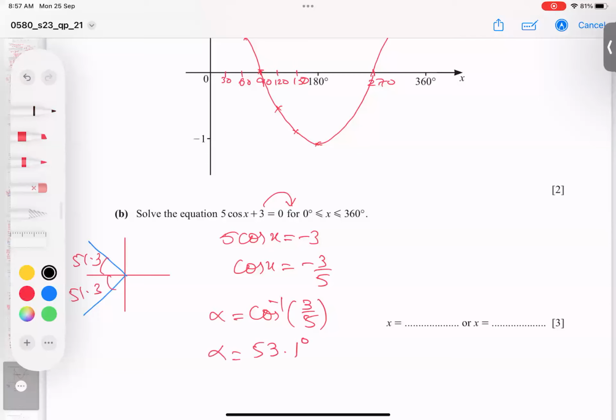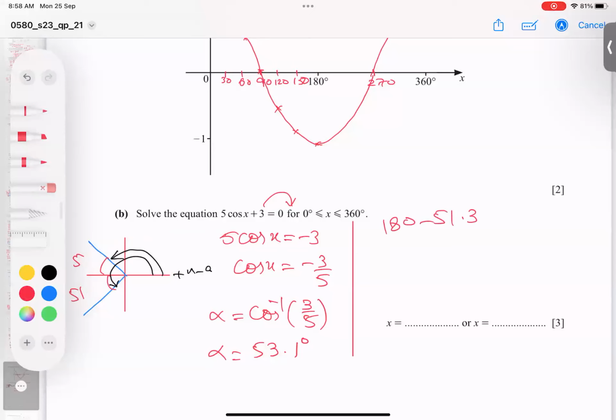What is the first answer? Start from the positive x-axis, going anti-clockwise. This was the first answer, and this is the second answer. How to find the first? A straight line is 180 degrees, and this is 51.3. But I need from here till here. Okay, 53.1, sorry, it's not 51.